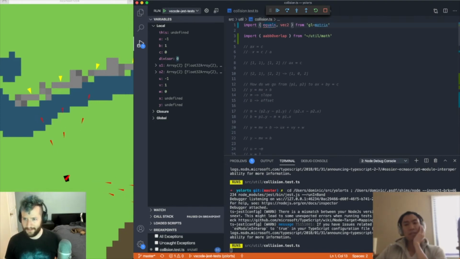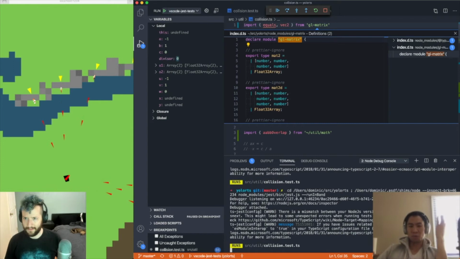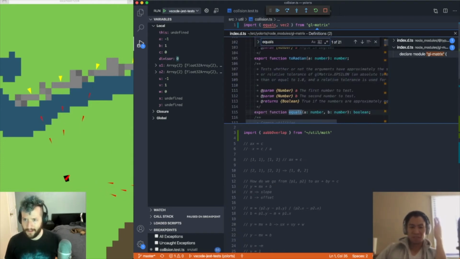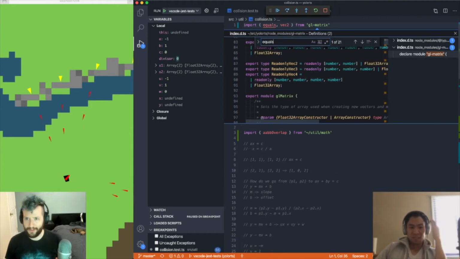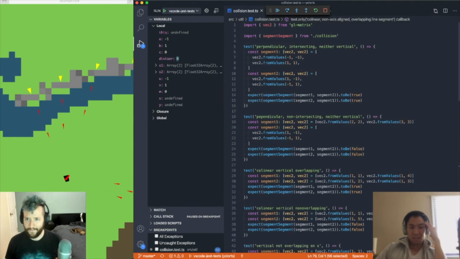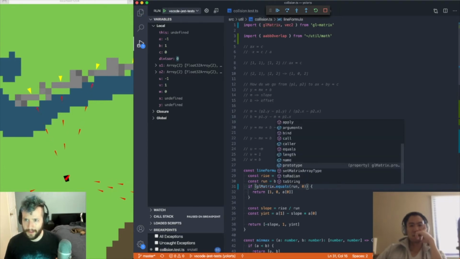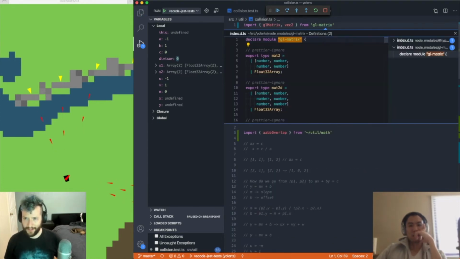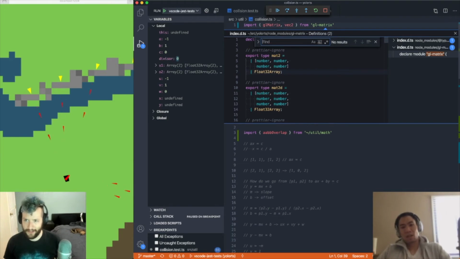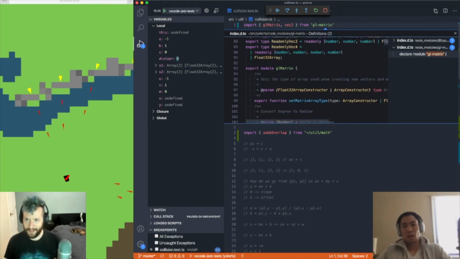It's funny because there is a glMatrix module. There's a top level. Oh, okay. We need to import glMatrix. I mean, it is exporting equals. I just don't understand how it's composing this into a module. It's declaring itself as that, but equals is actually under the glMatrix namespace that gets exported. Okay.